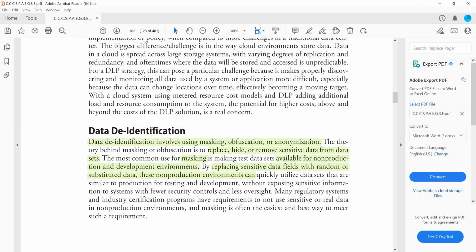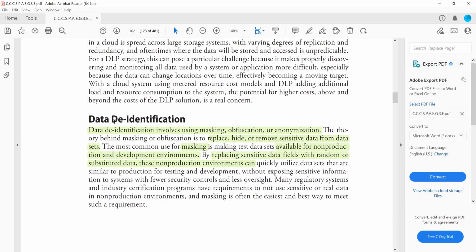Even if tokenization can work, even here it is stating data de-identification. I think the question last time was, what is data de-identification? And the answer was tokenization. So I answered masking. That's why I sent you the page number.